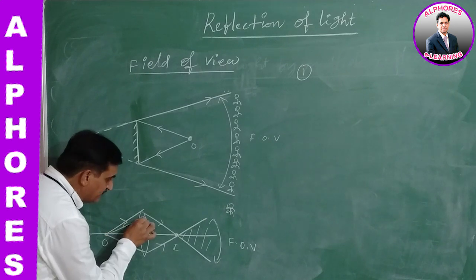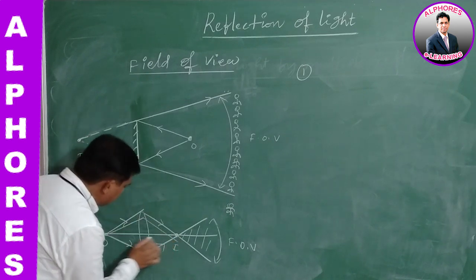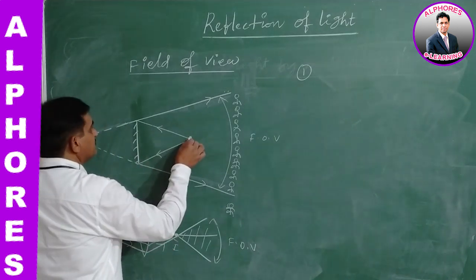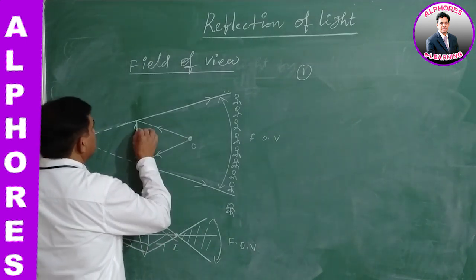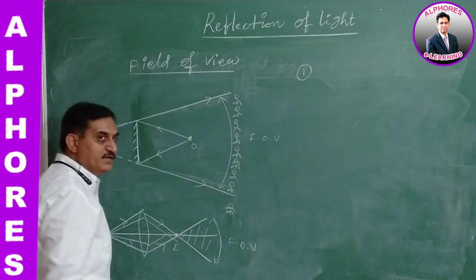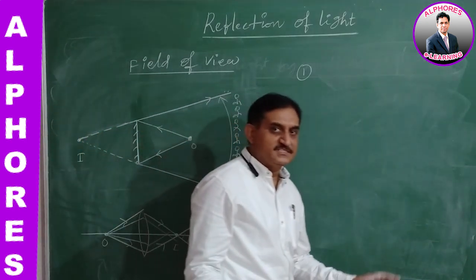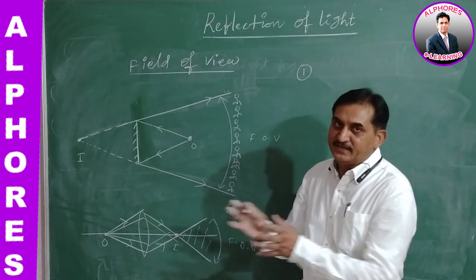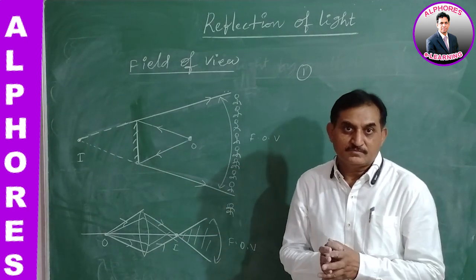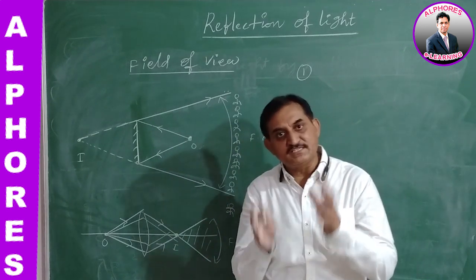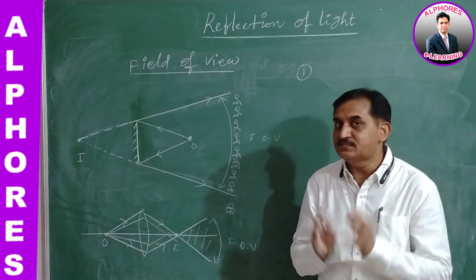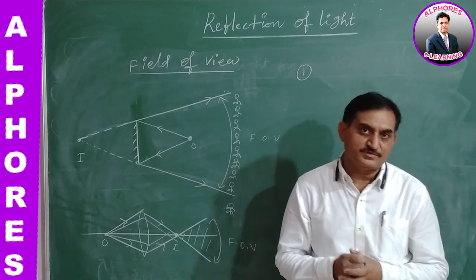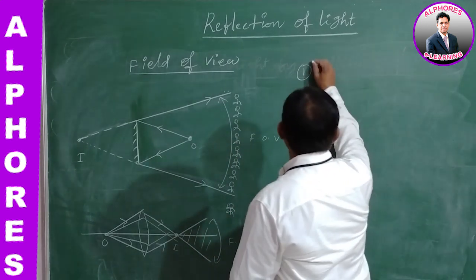The light rays incident here and here cannot decide the field of view. The range cannot be decided by anything other than these extreme light rays. This is point number 1.